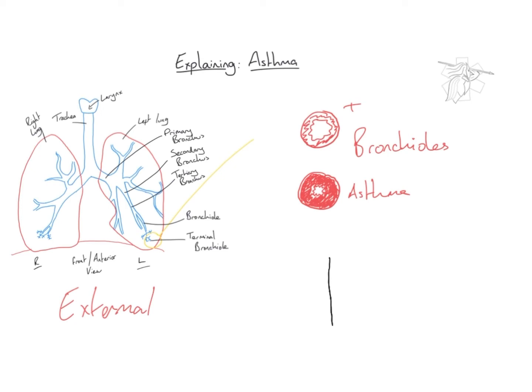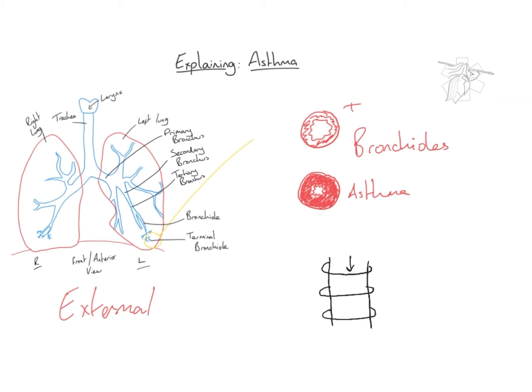So if this is one of your primary or secondary bronchus or your trachea, on the inside of it, not on the outside, you get this C-shaped cartilage that goes around the structure. And that prevents them from collapsing, so that holds them rigid unless they're subject to any sort of direct trauma. These rings protect the airway from closing in on itself.